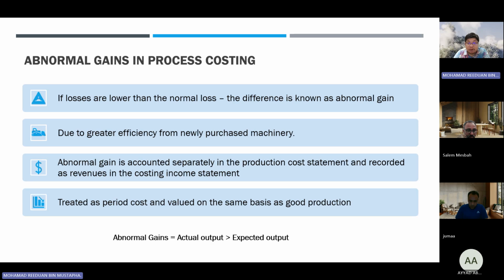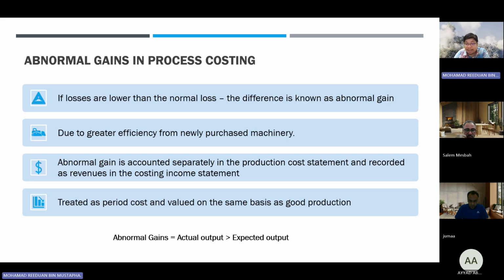Okay, so this one, the abnormal gain in the process costing. This is the opposite way, whereby you get the abnormal gain. So if the losses are lower than the normal loss, the difference is known as abnormal gain. So your profit.